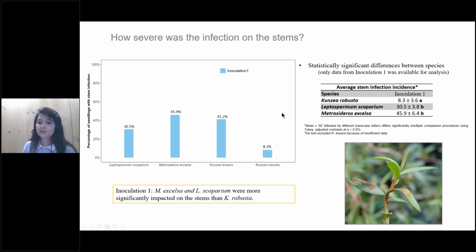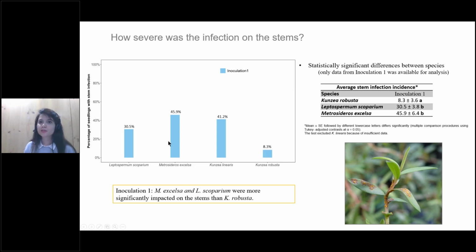For the stem infection, we were only able to collect the data after inoculation 1, but we saw already differences between the species. So for both Metrosideros excelsa and Leptospermum scoparium, we had significantly more stem infection than Kunzea robusta.